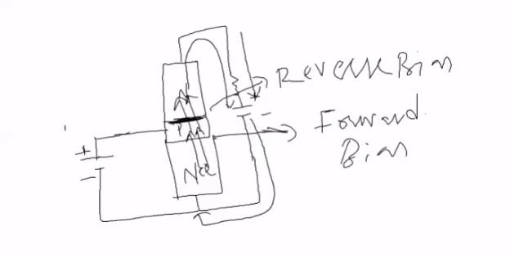For example, 100 electrons went from the emitter junction to the base junction, and only 2 electrons came through the base terminal, so they make up IB, the base current.